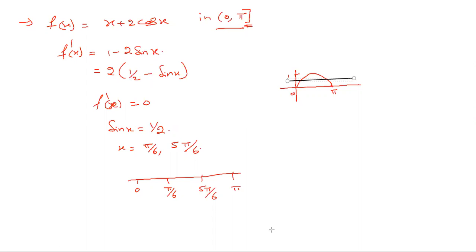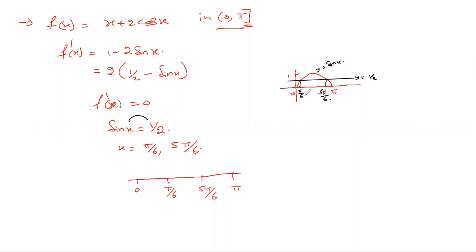This is the graph of y is equal to 1 by 2. This is y is equal to sin x. Both will be equal at pi by 6. Pi minus pi by 6 means 5 pi by 6.